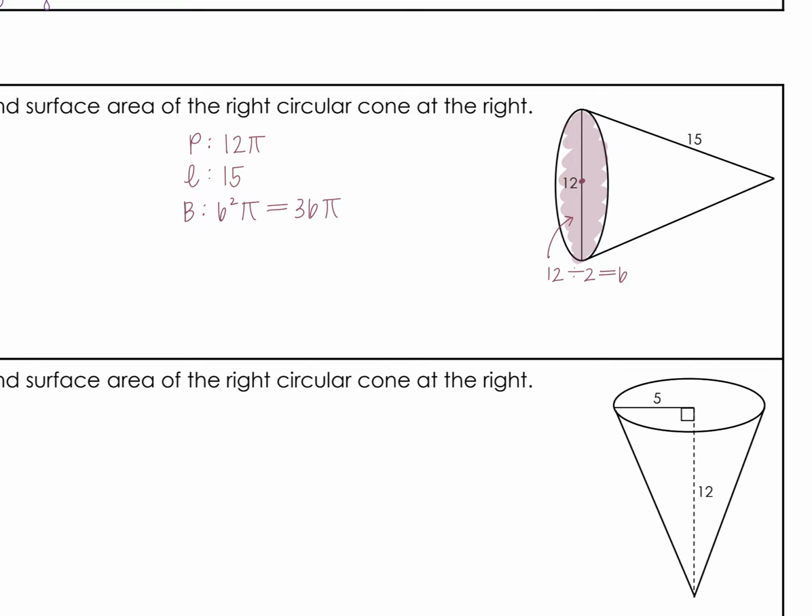Now we can plug in for our lateral area, which is 1/2 our P, so 12 pi, times our slant height of 15. Half of 12 gives me 6 pi times 15, and I'll get 90 pi, and we'll have units squared for our answer.